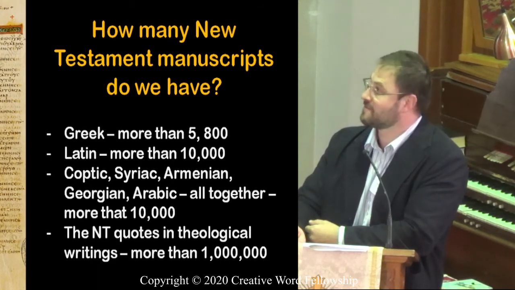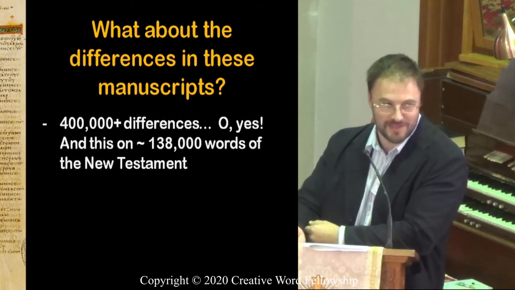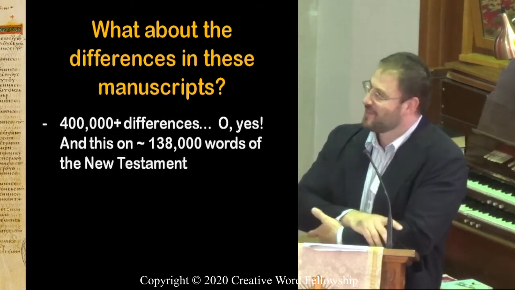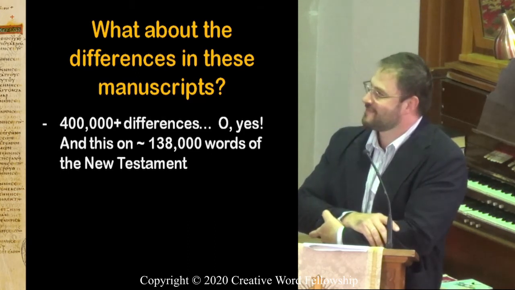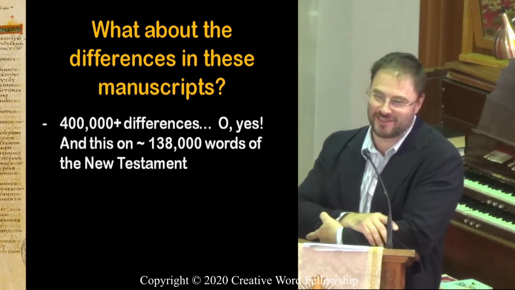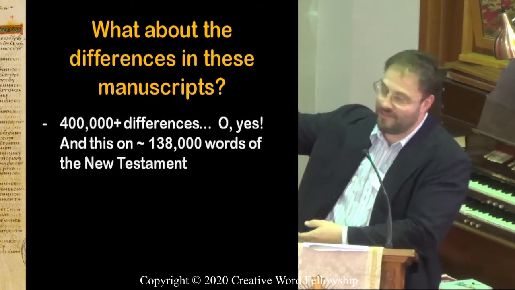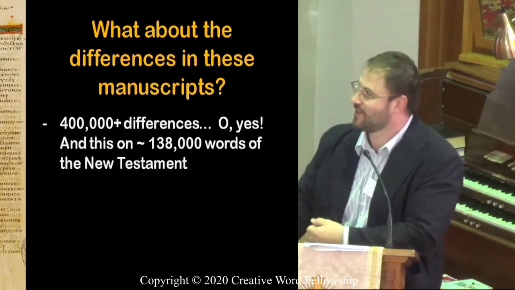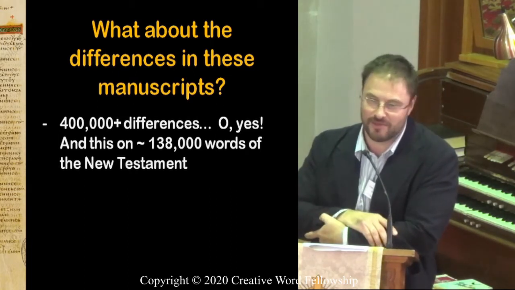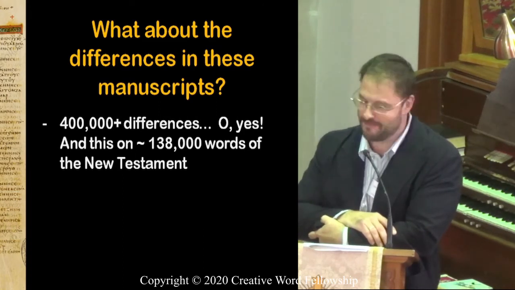So, the quality of these manuscripts. Do we have differences? It's true. We can say that we have more than 400,000 differences in these manuscripts, and it's on roughly 138 words of the New Testament. And if someone says, oh, there are so many differences in these manuscripts, how could you possibly believe?